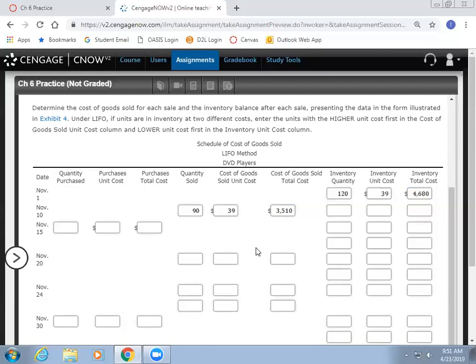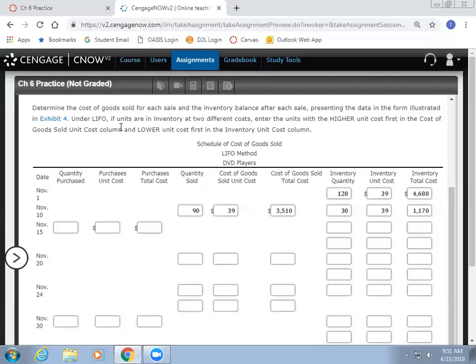So again, my updated inventory would be that I had 30 units left at $39, $1,170. Those two, really even the first three, stay the same because the next one's a purchase, right?